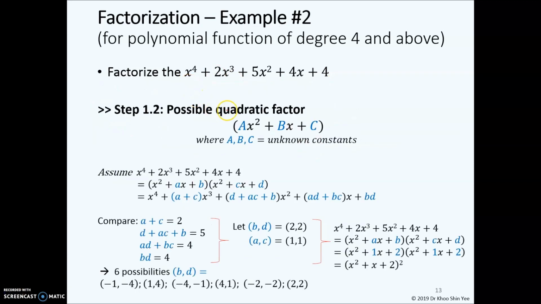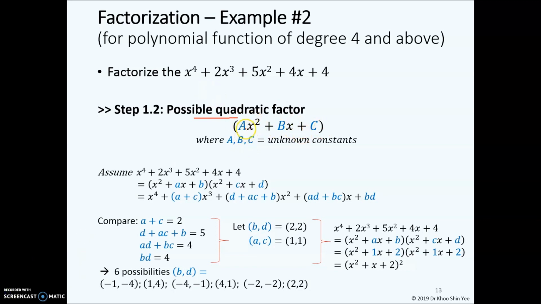If there is no linear factor, then there is a high possibility that there is a quadratic factor. The general formula for a quadratic factor is ax squared plus bx plus c. You have to find out the constants a, b, c.